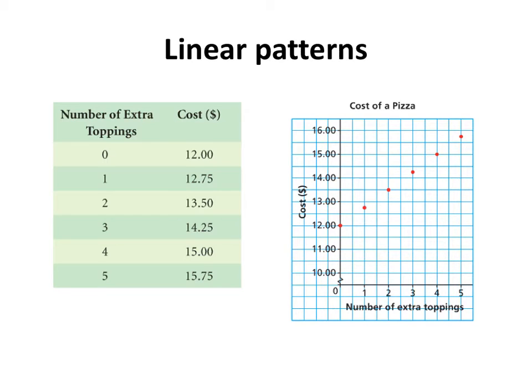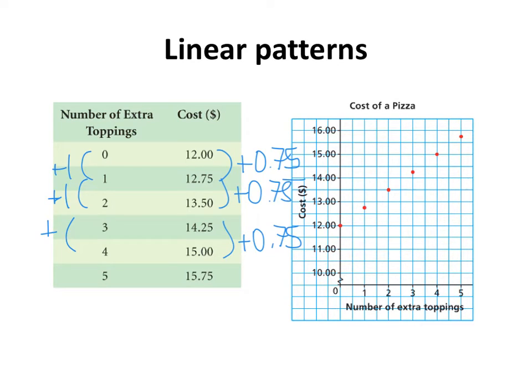When we talk about linear kinds of patterns, we can see these in several different ways. In a graph, we see that whether or not the data is continuous, the points line up. They make a straight line, and so we call it linear. In the table of values, we have to look at what's going on in terms of the change.